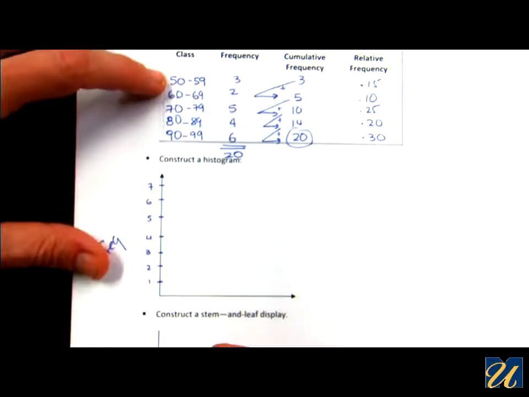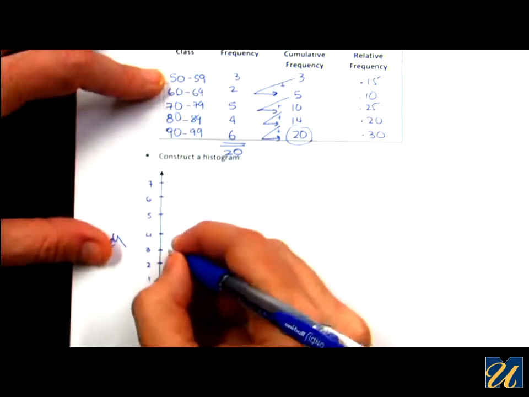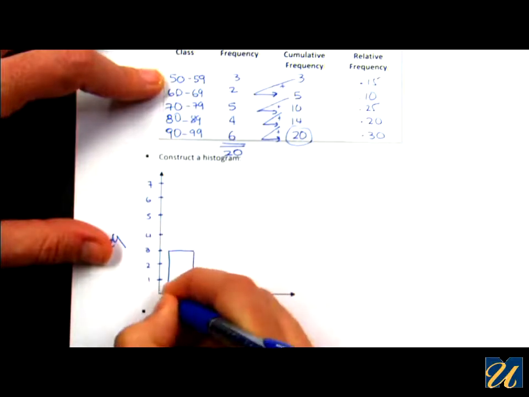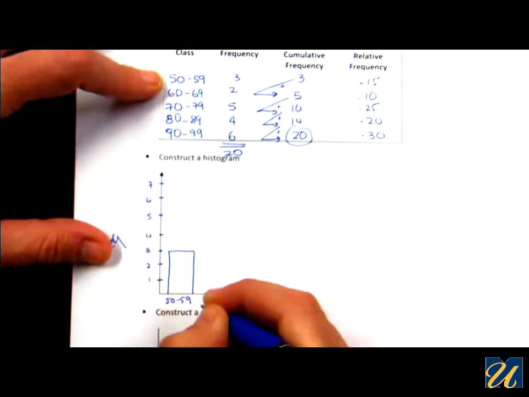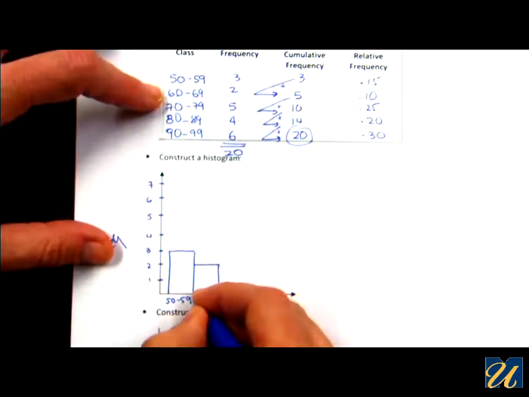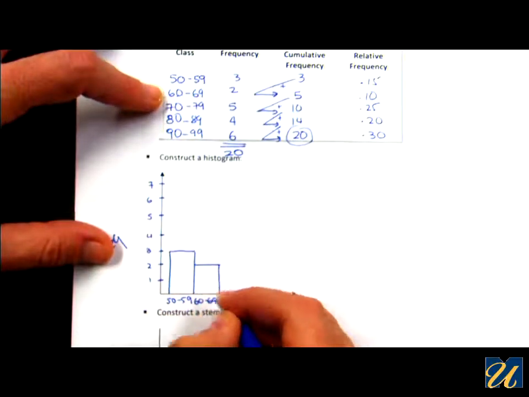For the first class from 50 to 59, the frequency is 3. The second one is 2, 60 to 69.